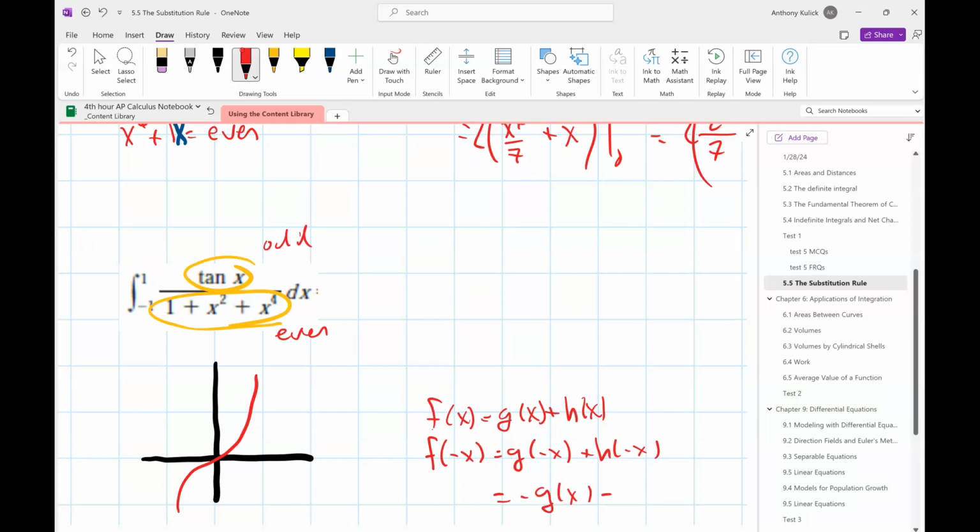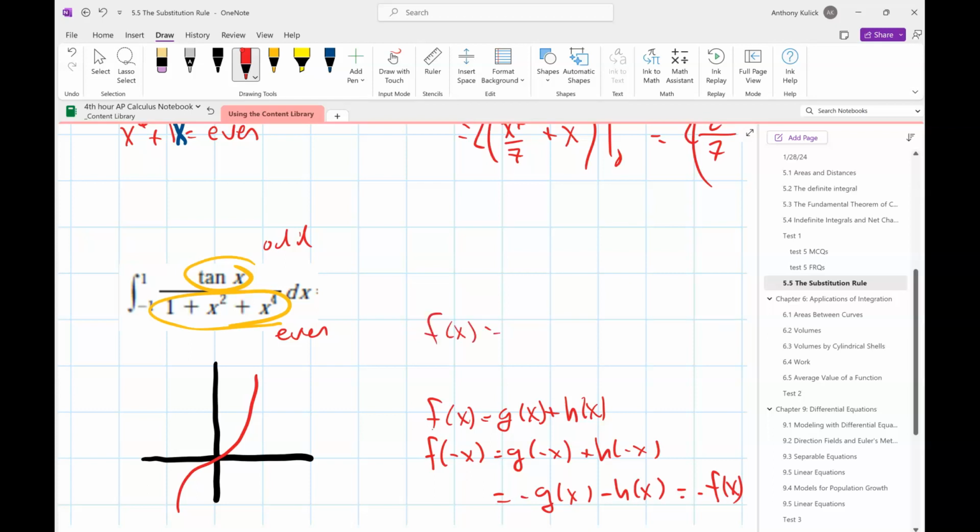And since they're both odd, you can do this. Right? So even the sum of 2 odds is still odd. Everybody agree? Okay. Odd over even. It's odd.